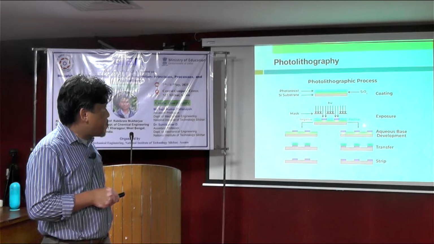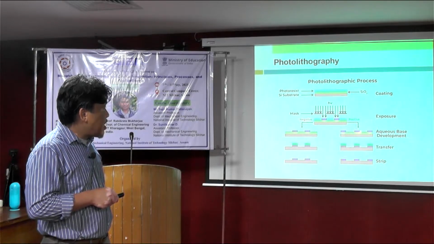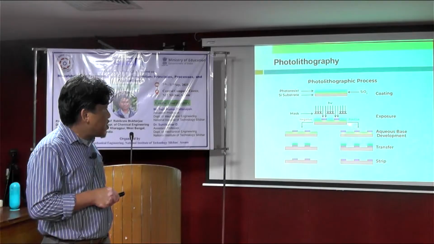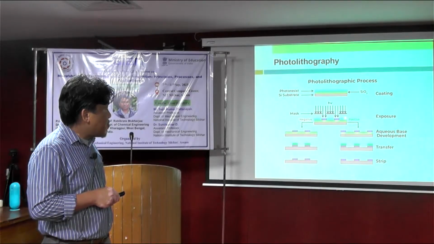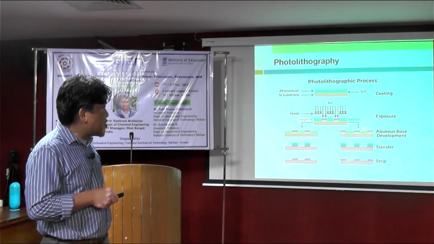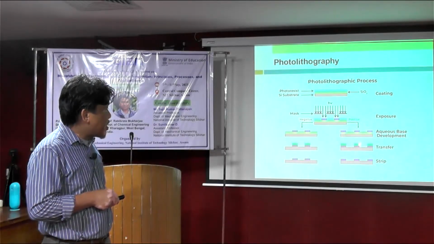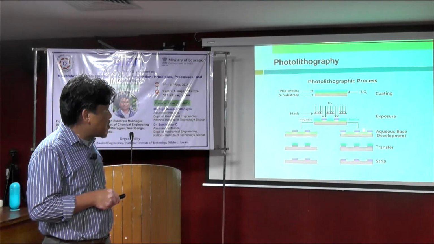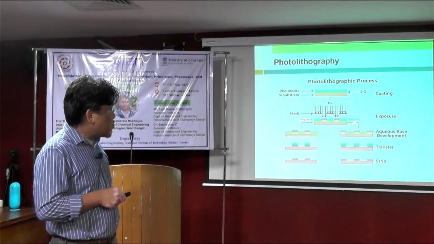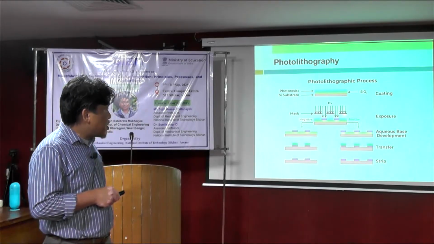Whereas in the positive photoresist, the exposed will be removed, because it reacts and cuts the polymer chain, then you can remove the material. The exposed to the light will be removed in the positive photoresist.